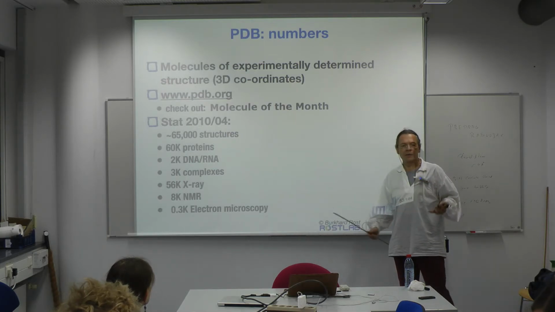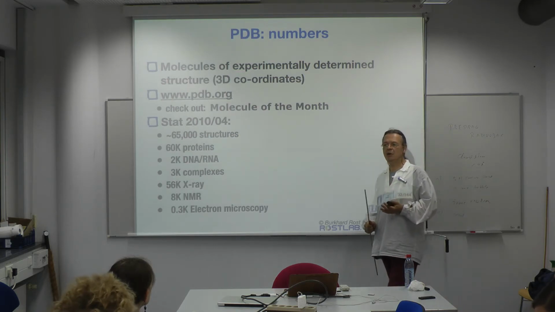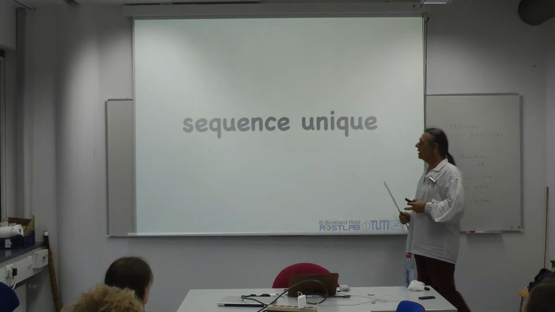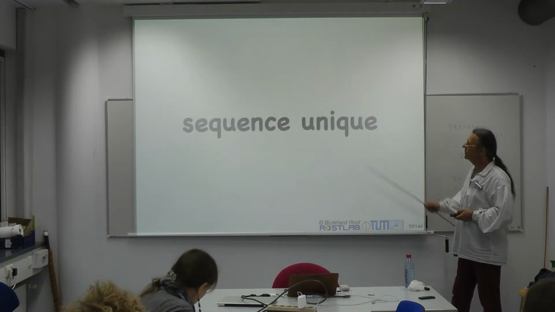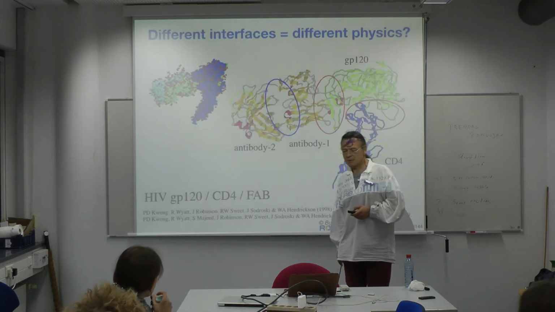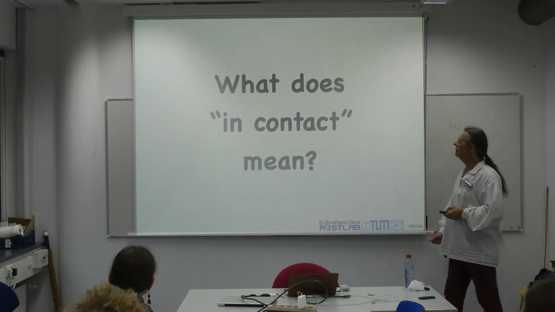Because when I collect my data, I take all of the PDB, but then the next question is, what type of interfaces am I going to look at? By the way, there's another issue here, how to extract the interactions. The first one is, of course, I had to take a sequence unique set, but that brings me back to how do I define contact?